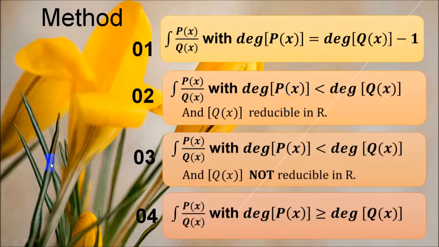Second, the degree of P(x) is less than the degree of Q(x) and Q(x) is reducible. Third, the degree of P(x) is less than that of Q(x) but Q(x) is not reducible. Fourth, the degree of P(x) is greater than or equal to the degree of Q(x).